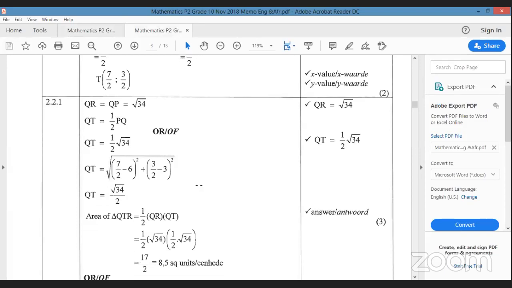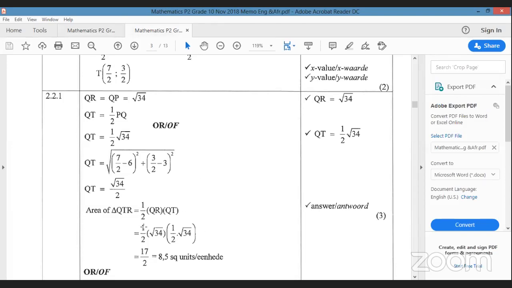the area of the triangle is calculated like this: half times base times height. So the base will be QR, the height will be QT, right? Therefore, this is your half, and your base will be given as the root of 34.